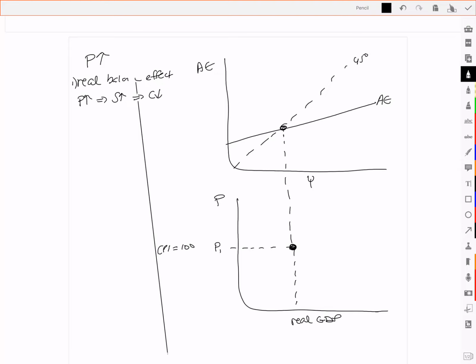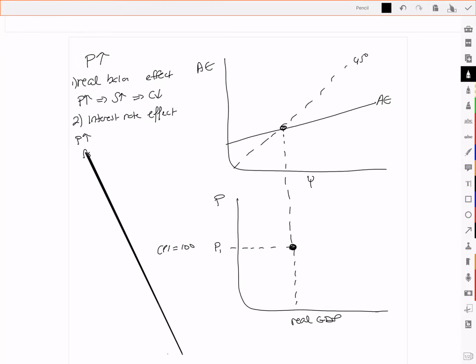Now, investment spending is also impacted by prices. This is what we call the interest rate effect. And according to the interest rate effect, when the price goes up, what happens to interest rates? So think back to the Fisher effect.